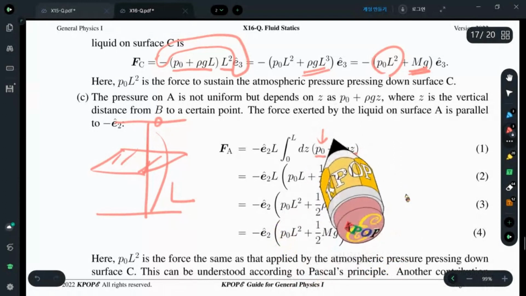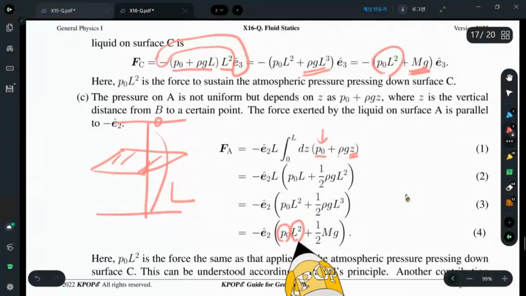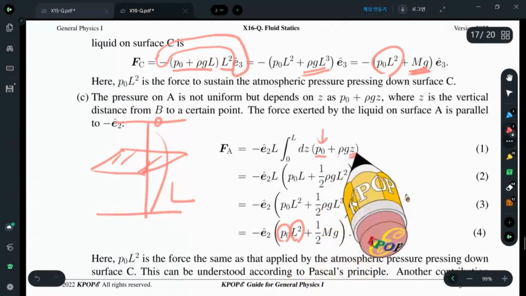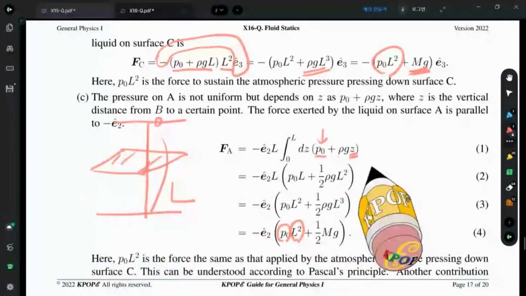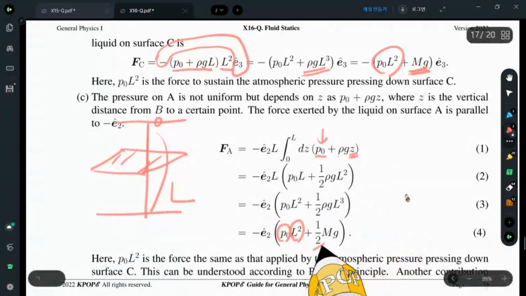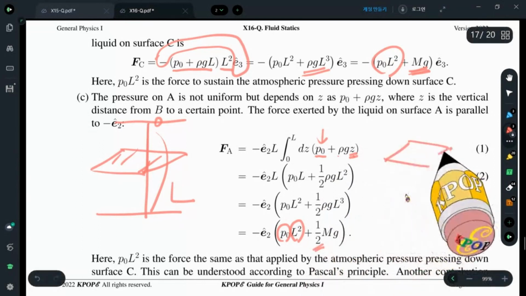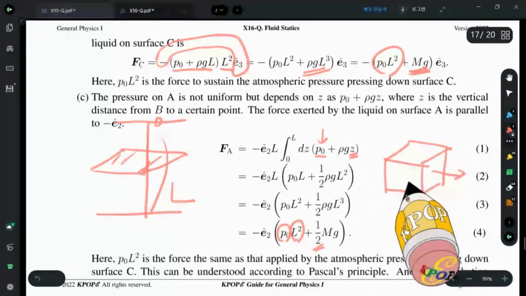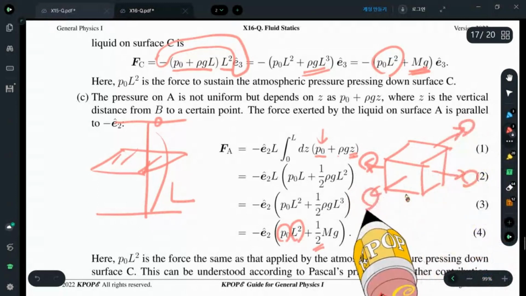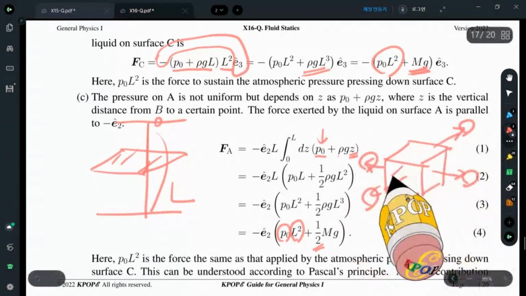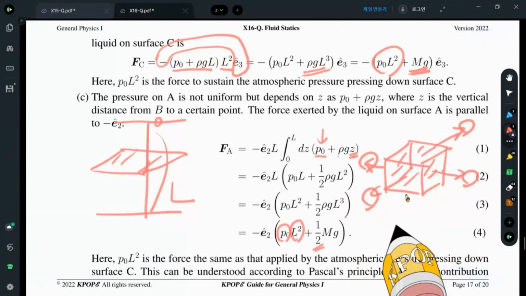The first term is the same. It is just P0 multiplied by area. And the other piece is due to the weight of this liquid, and this will give a 1/2 factor in here. But the directions of the forces are always normal to the surface. These two cancel and these two cancel, and the net force of the four sides cancels exactly.